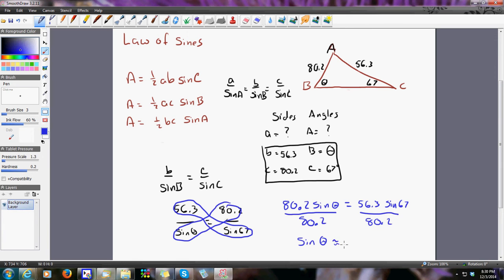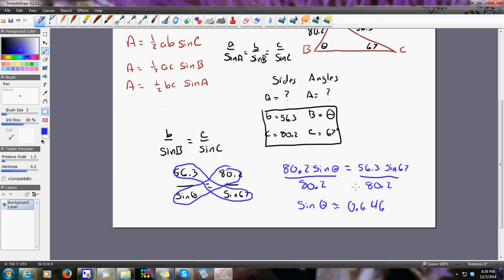is approximately, and what I like to do is I like to do it all at once. I say 56.3 sine of 67, and I get my answer on my calculator, which is 51.82442325. And I just divide that whole number by 80.2. And I get approximately 0.646189816.